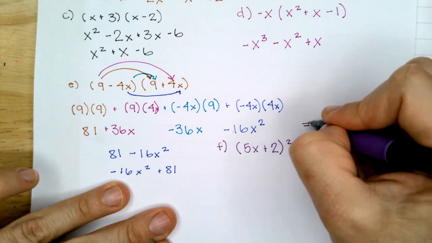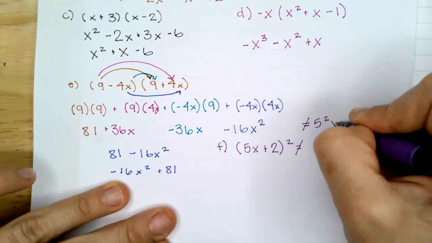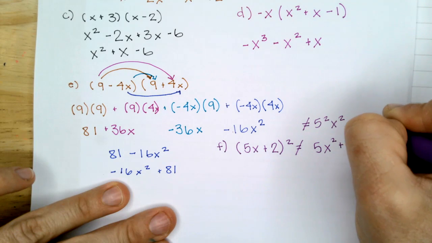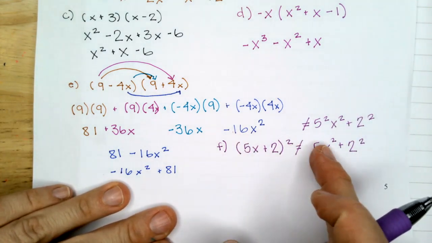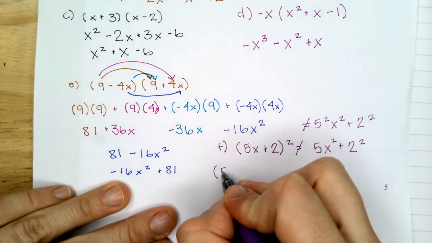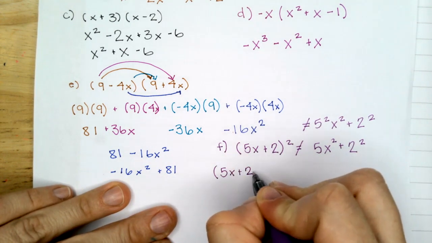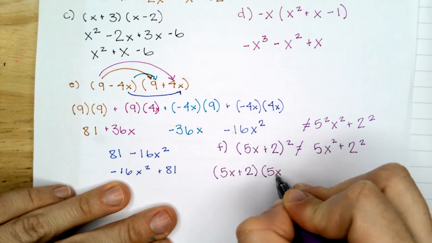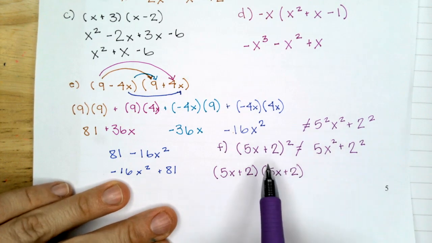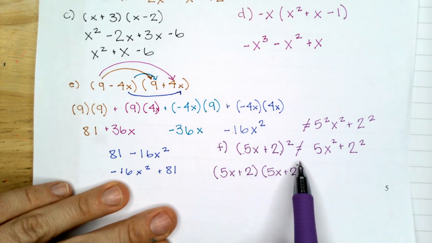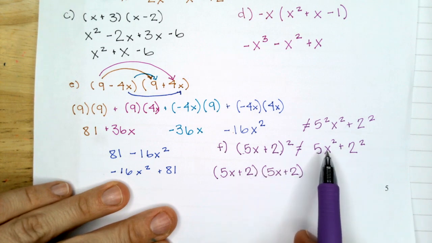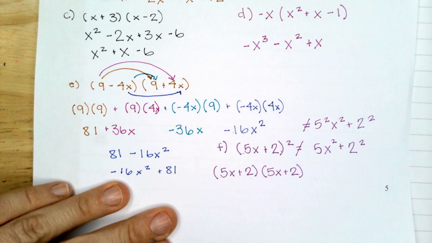It doesn't even mean that you say 5 squared x squared plus 2 squared, okay? What you need to do is multiply all of this by itself. 5x plus 2 times 5x plus 2. So it's not a new skill, but it's just knowing that you need to write all of that out and do the FOIL instead of just saying 5x squared plus 2 squared.